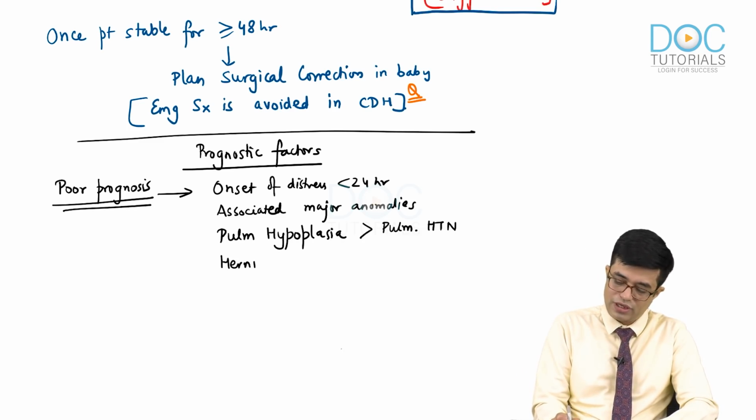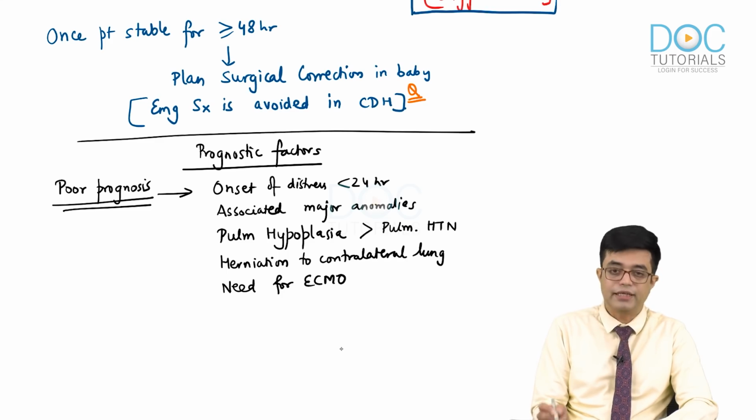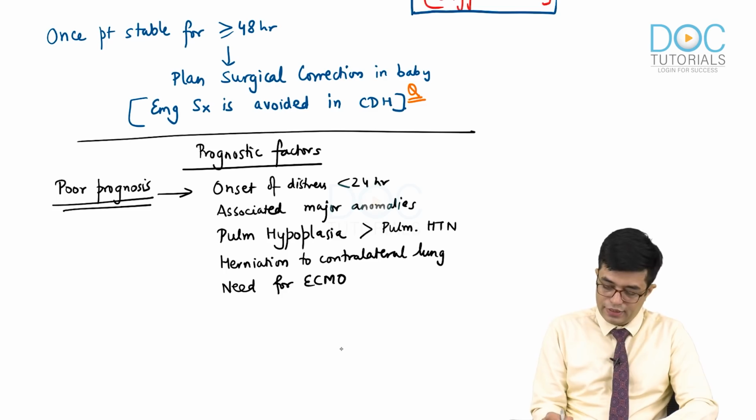Herniation to the contralateral lung carries a poor prognosis. If there is need for ECMO, it carries a poor outcome.